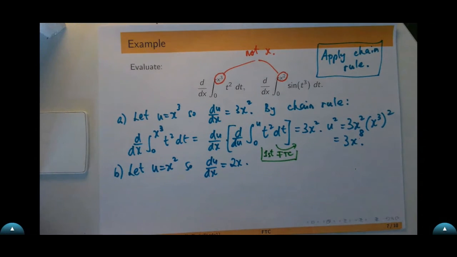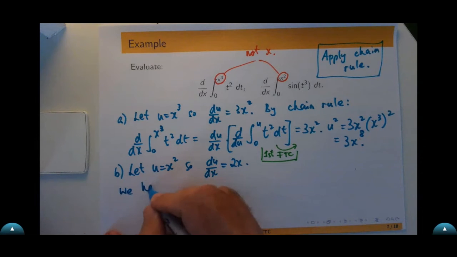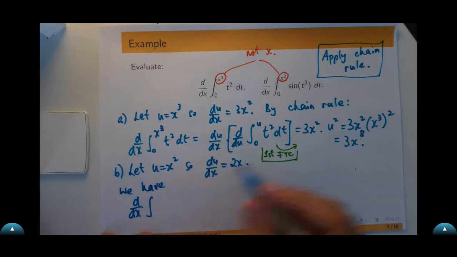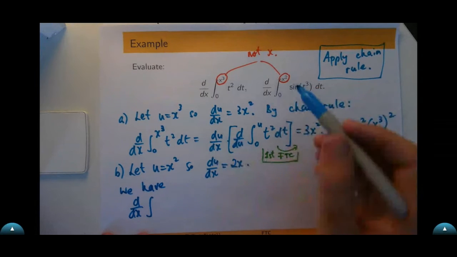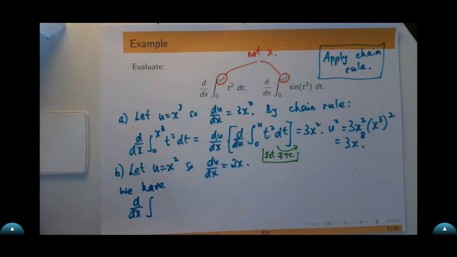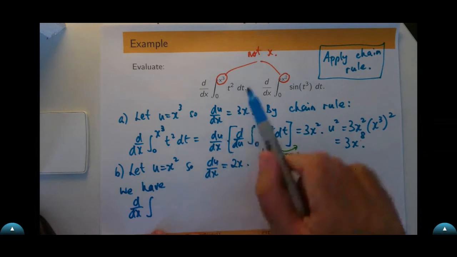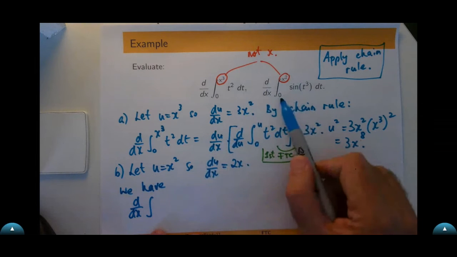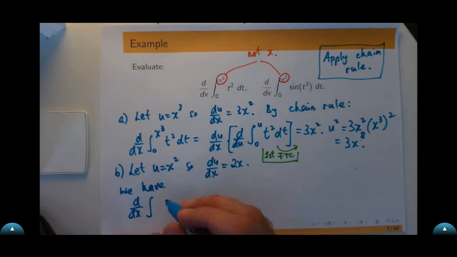Okay, you probably should mention that. So, d dx. So again, when x equals 0, u equals 0.